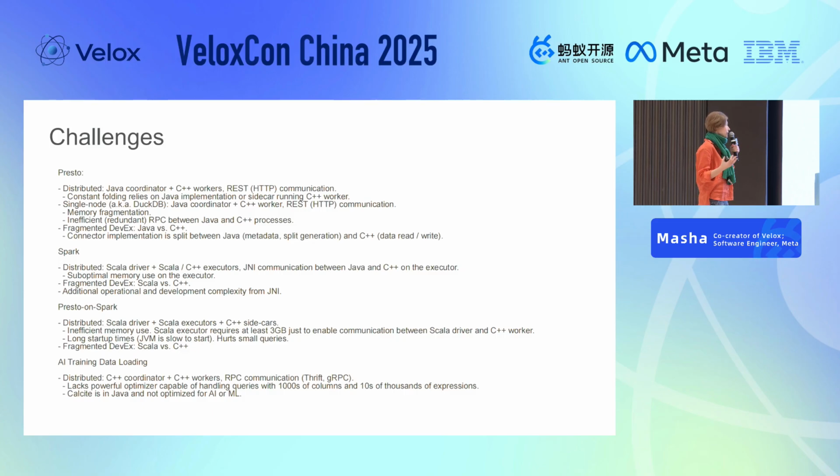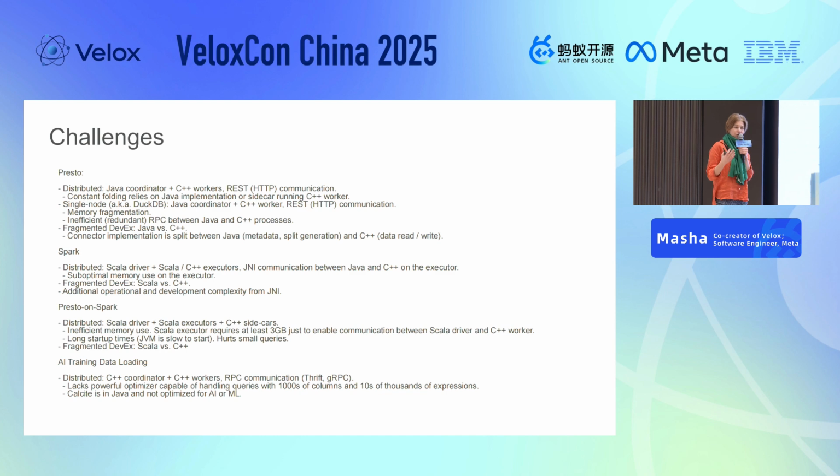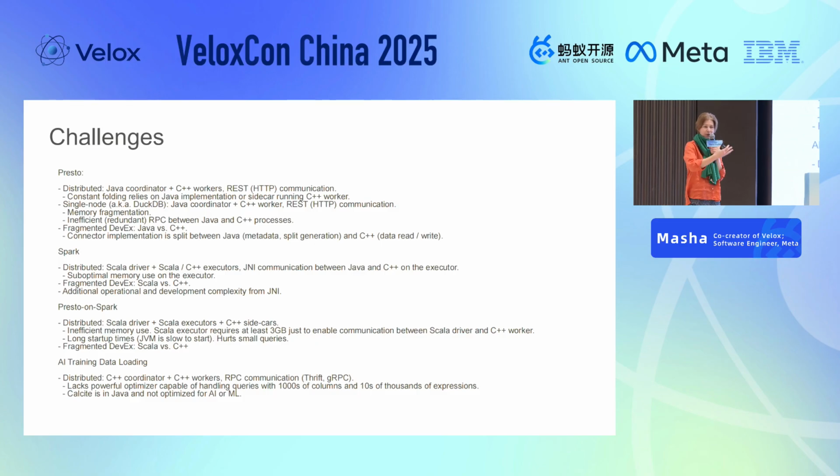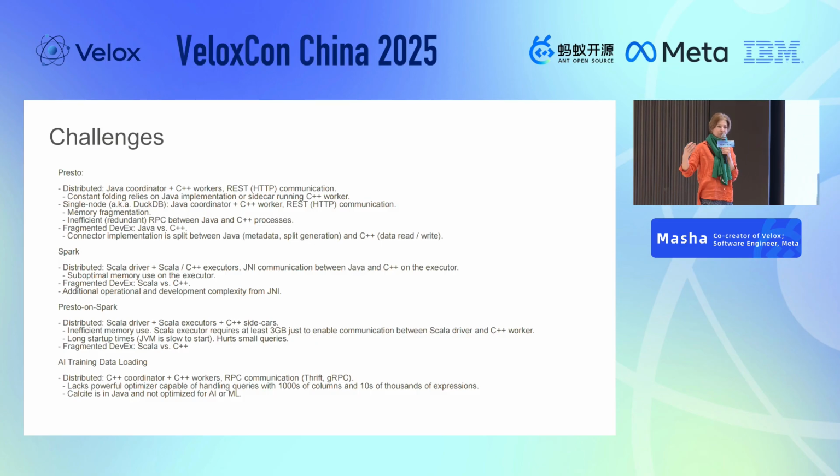For example, we noticed that just to stand up a very thin Java executor, we need to give it 3 GB of memory, which is a bit large for very simple functionality, just a pass-through of the request from the driver to the sidecar process, and maybe some metrics flowing back from the sidecar process to the driver.